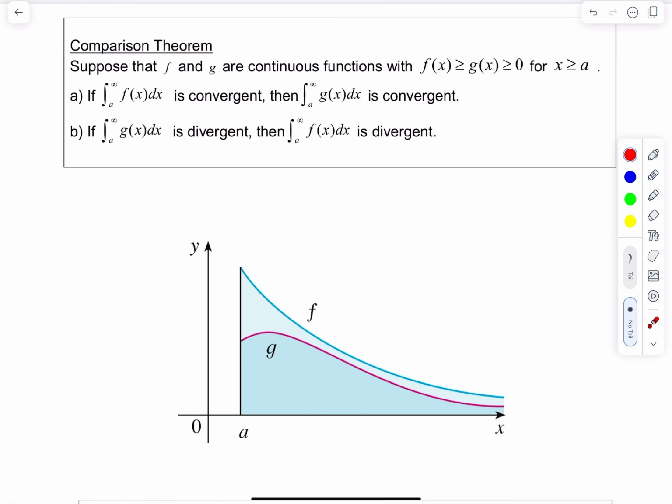That should make sense because if the area under this curve from a to infinity does not approach a finite number, it blows up, and this function is accumulating more area, then it will blow up as well.